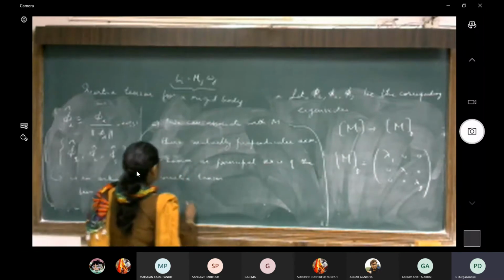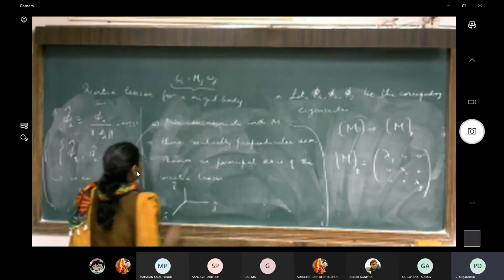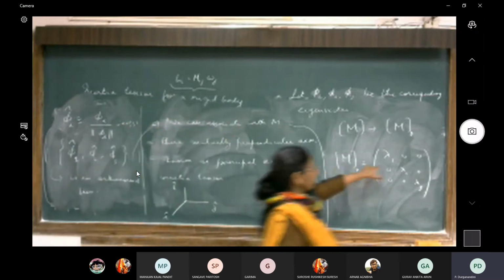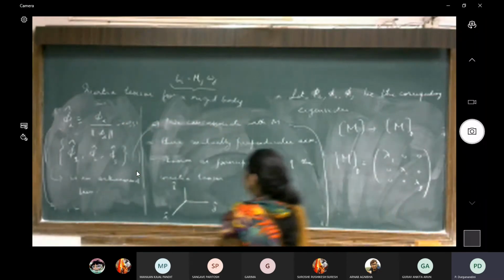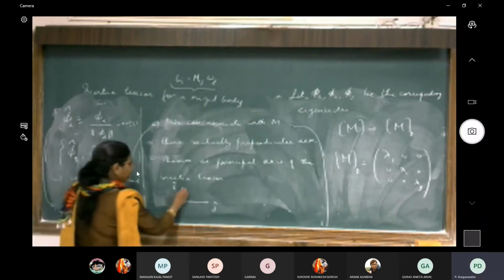So essentially what it means is that suppose this was my coordinate axis I started with, i cap, j cap, k cap. Now let's first consider the case where they are all distinct. For the distinct case I've already shown you that I can construct this set of orthonormal basis vectors.